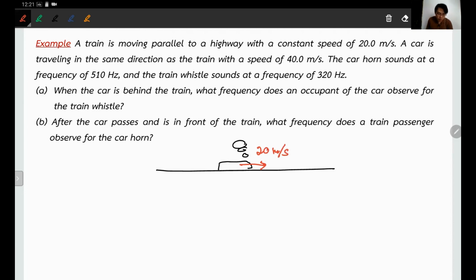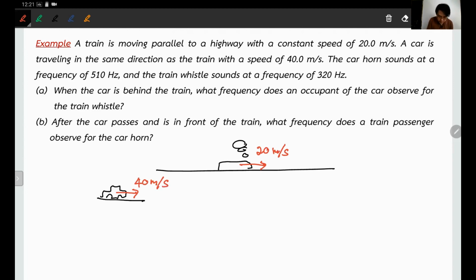Now there is a car traveling in the same direction as the train, and actually faster. Okay, good. So there is a train and there's a car. This one has a larger speed.